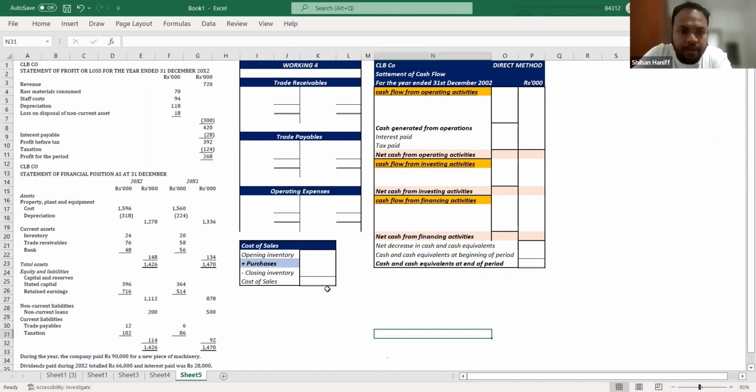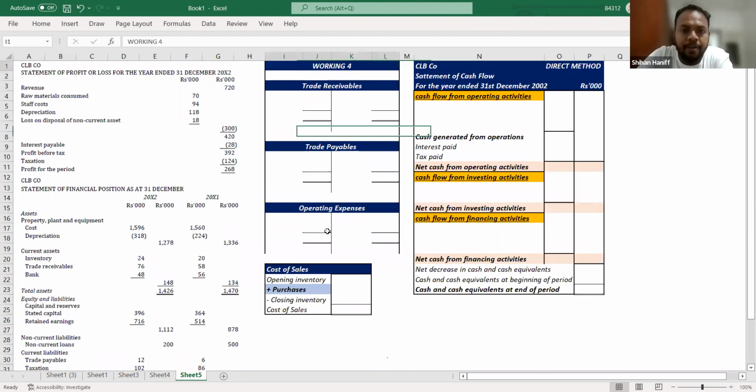Shall we start now? Okay. So here the main thing is identifying the cash flow from operating activities. Cash received from debtors, cash paid to creditors, and the payment of operating expenses.